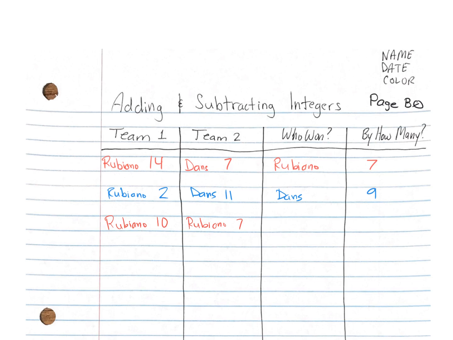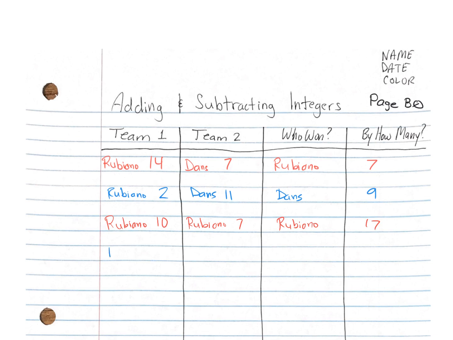If it's the same person, then what I'm doing is adding up the total number of kills. So if I'm seeing who won, well, it's only just me, so I'm going to put just Rubiano. Rubiano killed 10 people, then he also killed 7 people. So how many kills did he get, or I get, overall? Well, in this problem, it'd be 17. So that's what we do when it's the same person or same team.